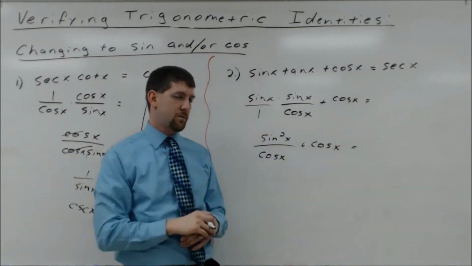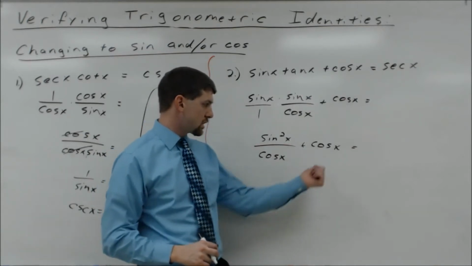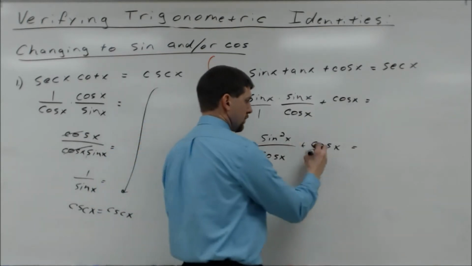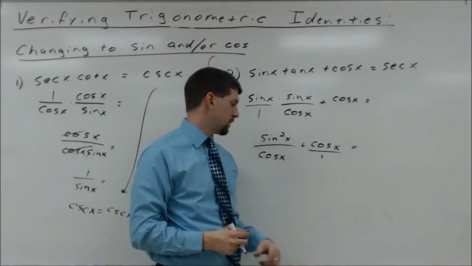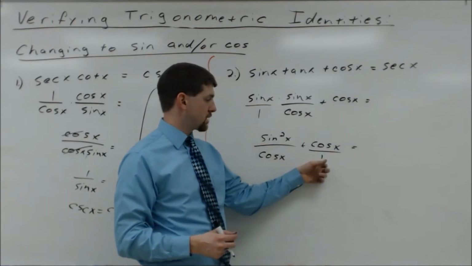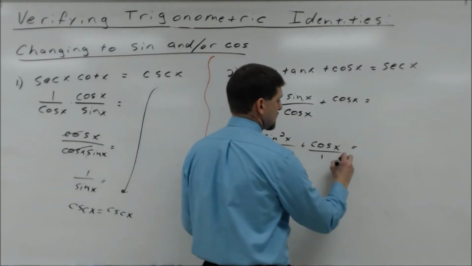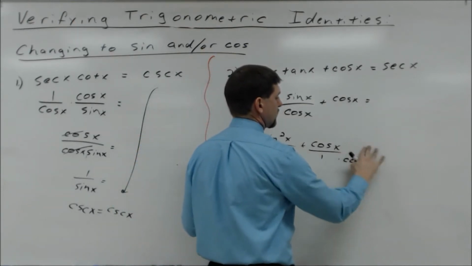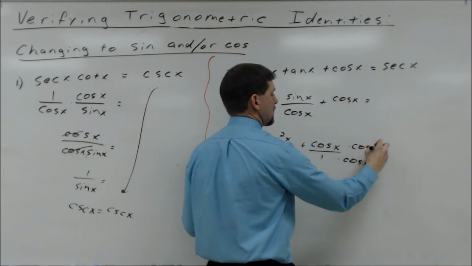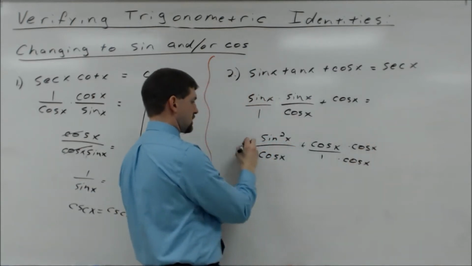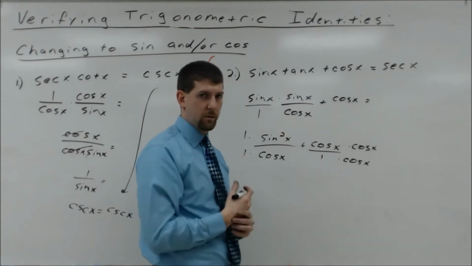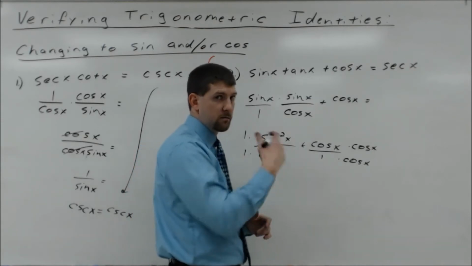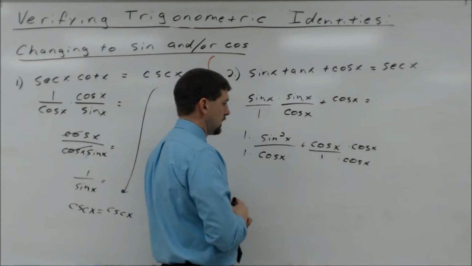Now, this uses another strategy we're going to look at next, which is adding fractions together. To combine fractions, we have to have the same denominator. So cosine of x and 1, I need to multiply the 1 by cosine of x, top and bottom. Now I have cosine of x for both denominators. It's just like we did with all our rational expressions units or months ago.